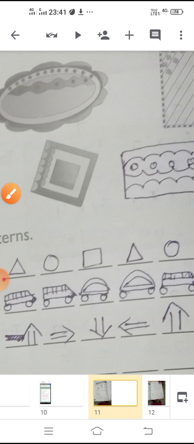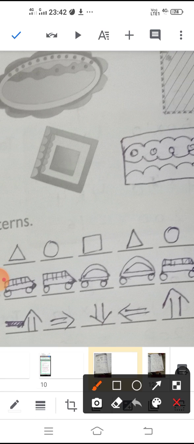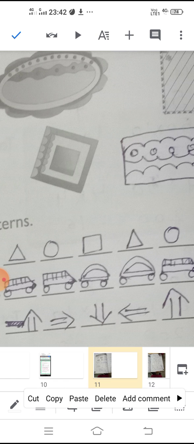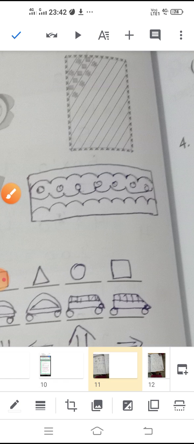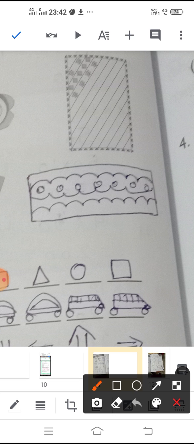Now I have drawn an example. If we have drawn like this, you can see how you will continue. You will draw the same shape over here. What you have drawn above will complete our pattern.